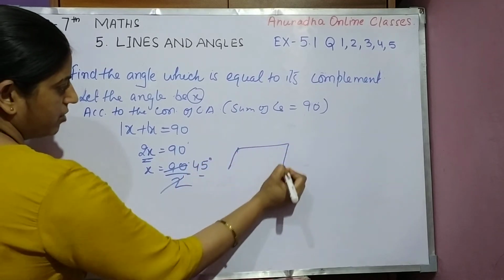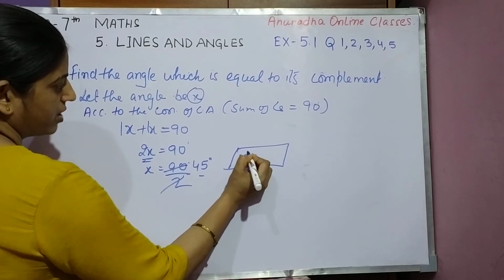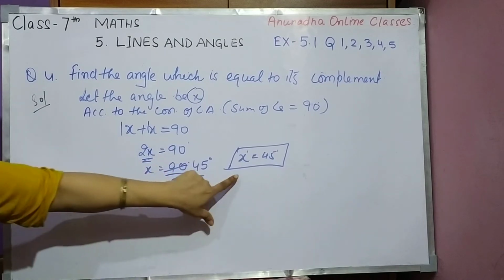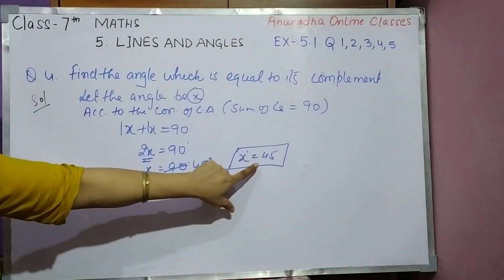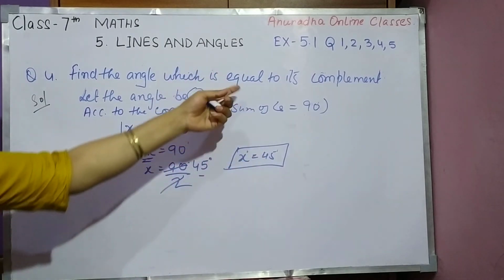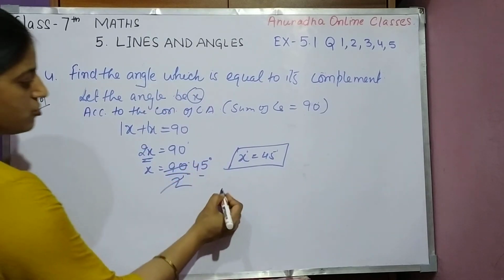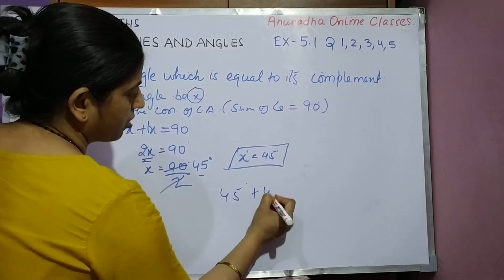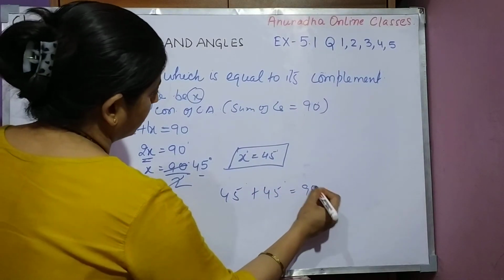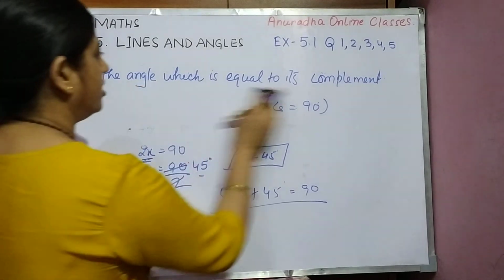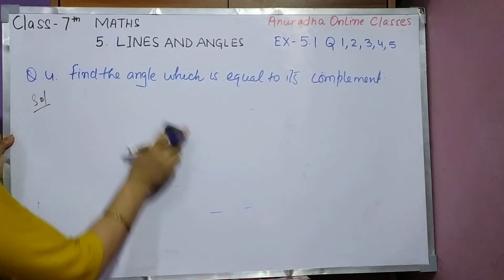So x equals 45 degree. If one of the angles is 45, then it will be equal to its complement. The complementary angle is also 45. As you can see, 45 plus 45 degree equals 90 degree.